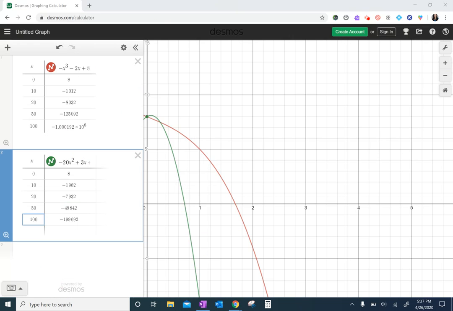Now let's look at 20. At 20, the degree 3 is negative 8,000. At 20, the squared is negative 7,932. So the degree 2 is now bigger than the degree 3, because negative 8,000 is a smaller number compared to negative 7,932.